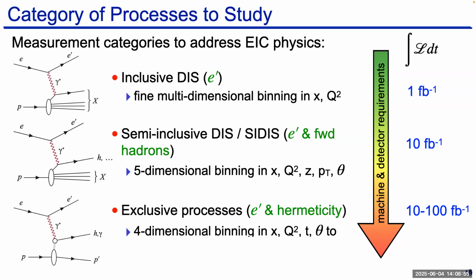So the maximum luminosity you get is for 10 on 200, something around it, or 275. The hadron doesn't matter. But the moment you go to 18 plus 275, we go down because the 30 megawatt limit sets in. They don't want to exceed the 30 megawatt synchrotron radiation. And if you would crank up the luminosity here, you would exceed that.